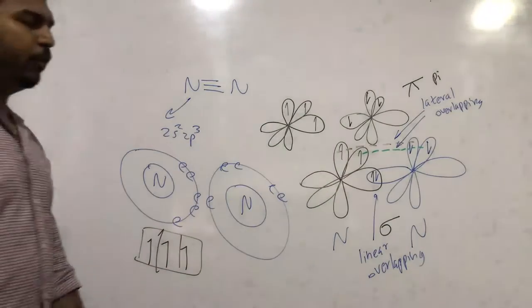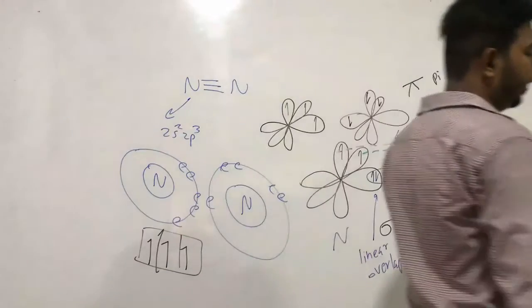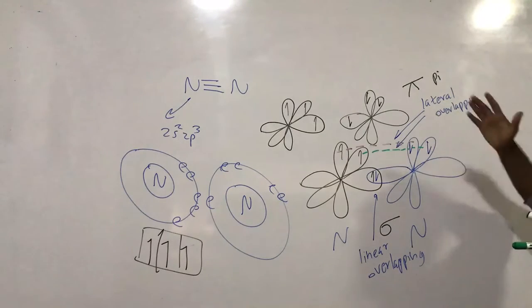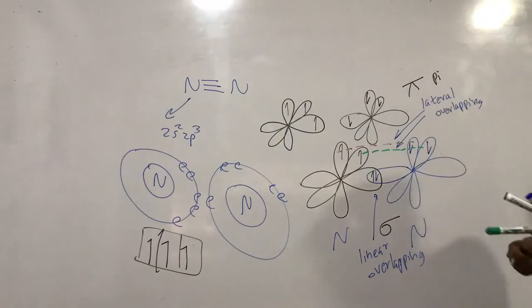So if we consider any molecule, there can be only one sigma bond. And if we consider any bonds more than a single bond, all the other bonds are pi bonds.